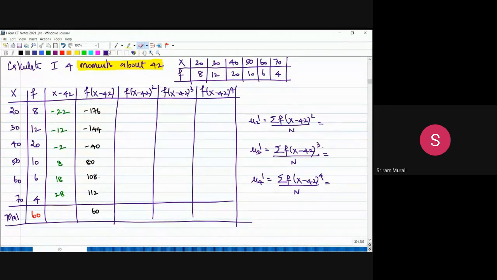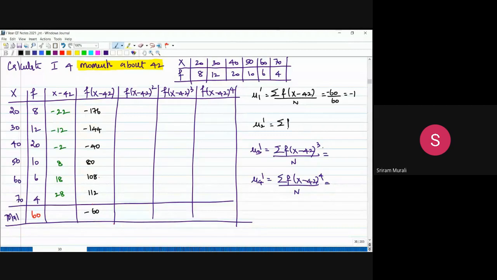So mu1 dash is equal to sigma f into x minus 42 divided by n. Minus 60 by 60 is minus 1. Whereas mu2 dash is equal to 60 now.